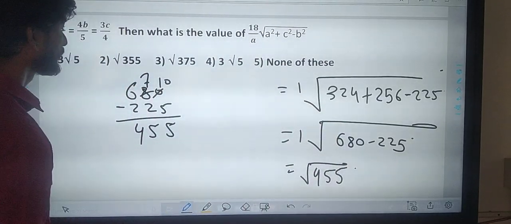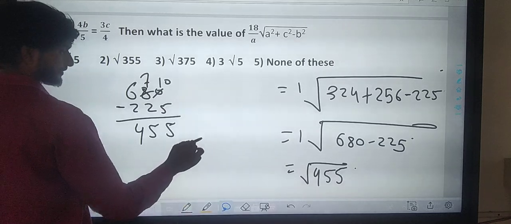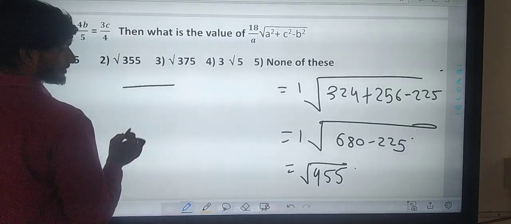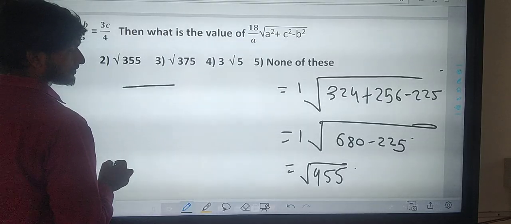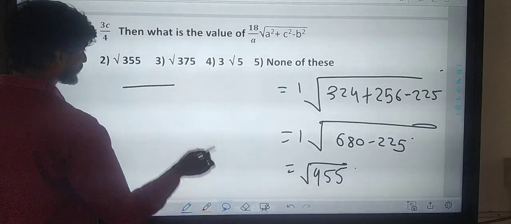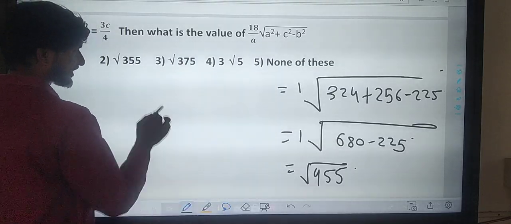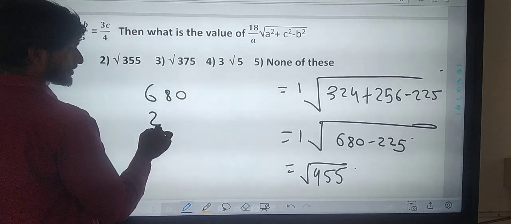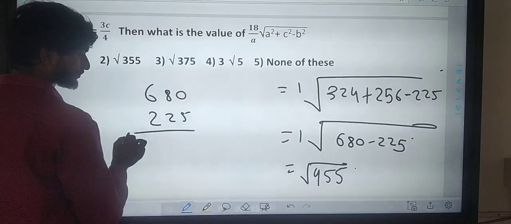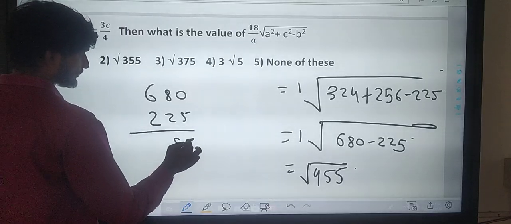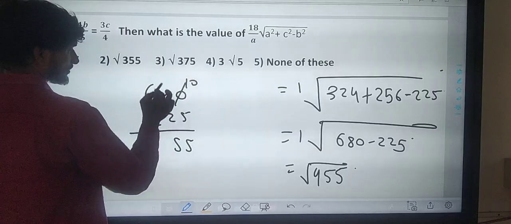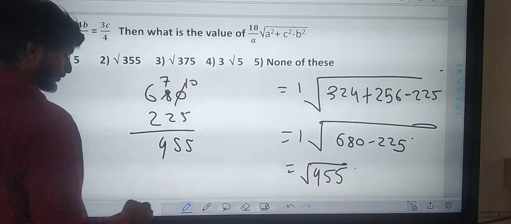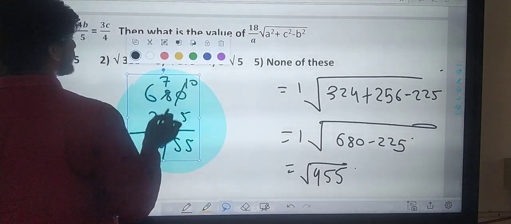Under root 445. Sorry, we get subtraction here. 680 minus 225 is 445, under root 445.